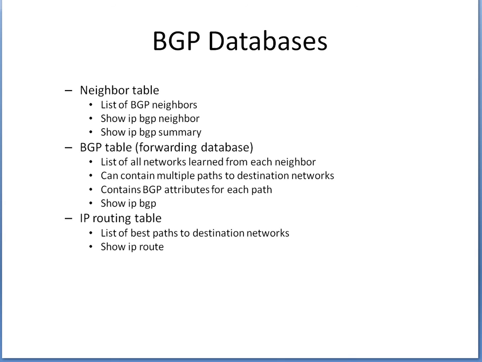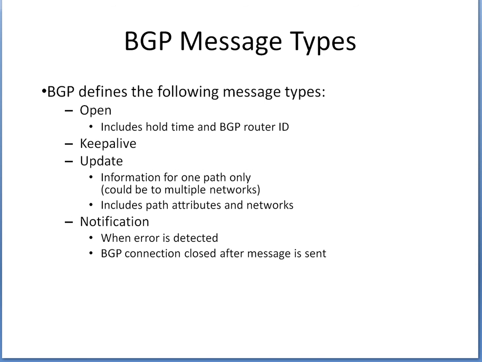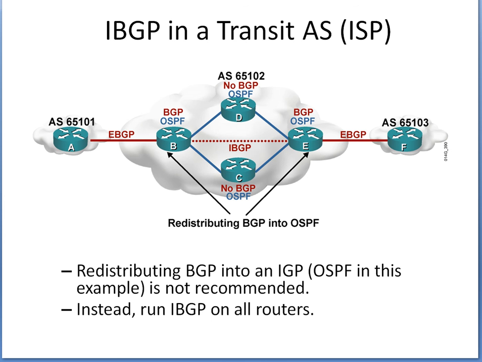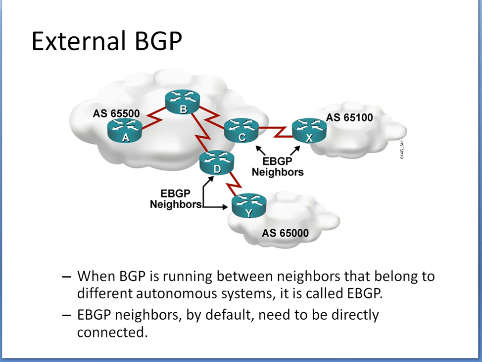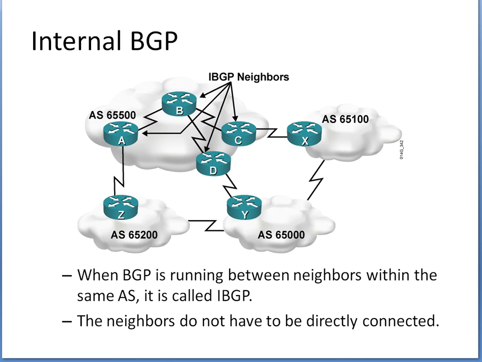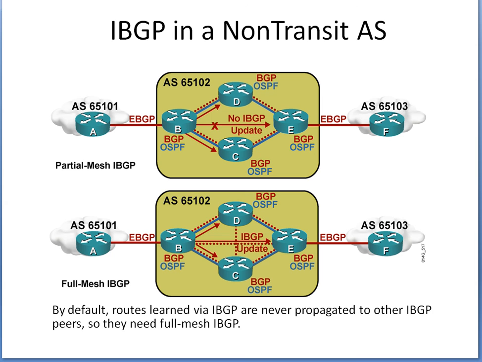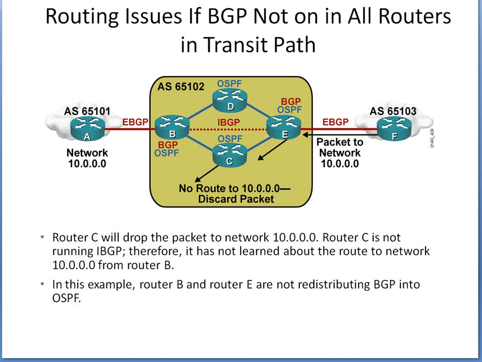We discussed the different tables that we have in BGP, the different message types, and then what a BGP peer is, what IBGP is, and what eBGP is. In IBGP, neighbors need not be directly connected. eBGP neighbors need to be directly connected. We also discussed how BGP behaves in a transit and non-transit area.